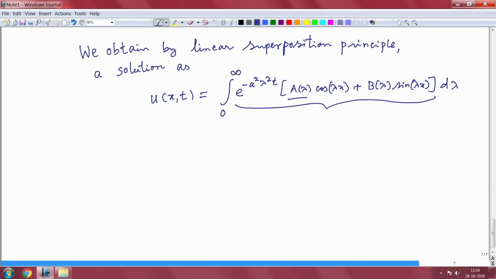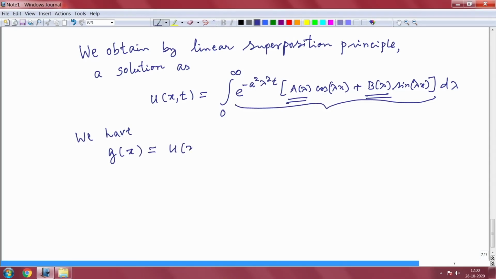But this a lambda and b lambda are still to be determined, and that is where we use the initial condition. So we have g(x) equal to u(x,0).